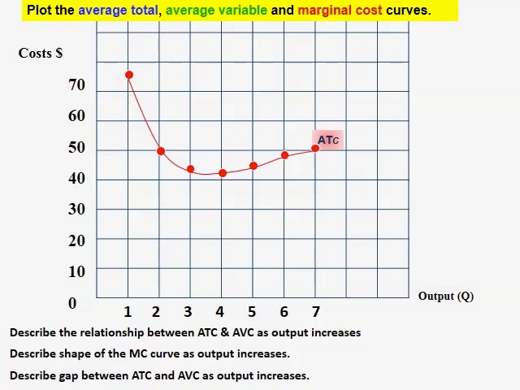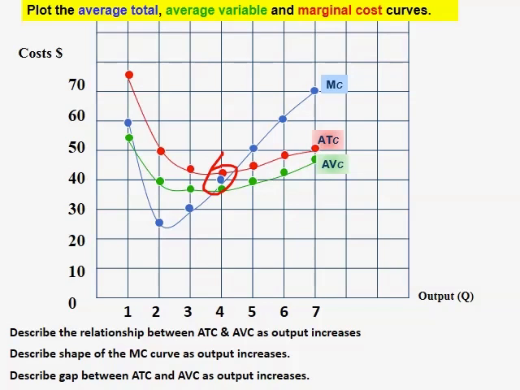So average total, of course, is going to be there, average variable is going to be below, and the marginal cost curve, if you have looked closely, you will see it always cuts, it always intersects the lowest point of both the average total and average variable cost curve.